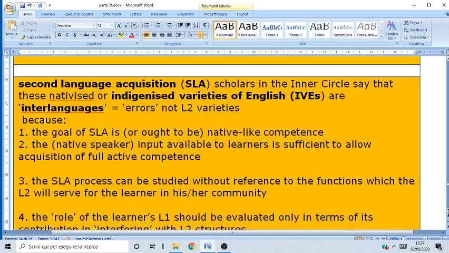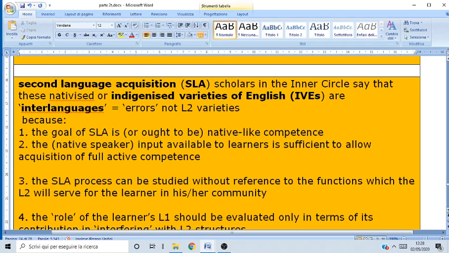And when they study Asian Englishes, so Englishes that belong to the second circle, they call these nativized or indigenized varieties of English interlanguages. In linguistics, the word interlanguage means error.